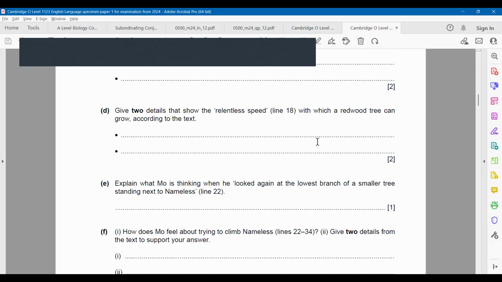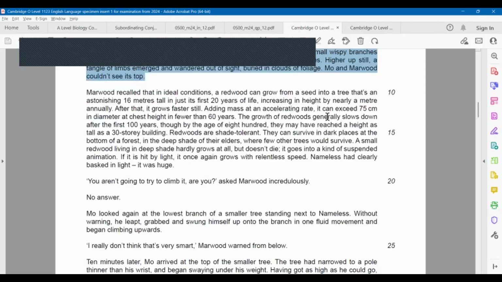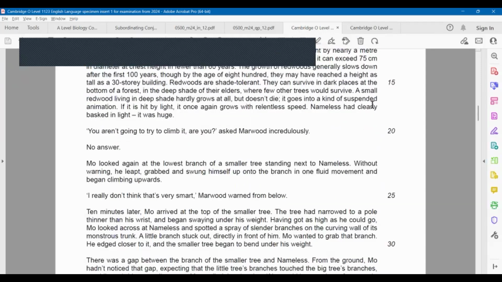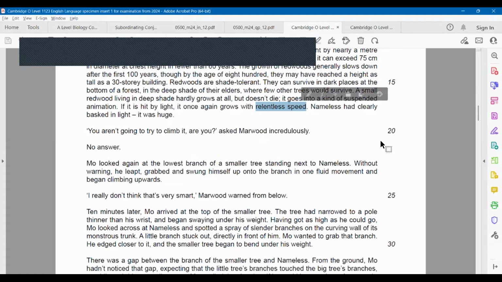Now, if you understand how this works, they're asking for 2 details that show the relentless speed. So you see that they're quoting a phrase from the text, and that's line 18. If you go to the text and take a look at line 18, which is over here, you can see that relentless speed is in line 18. That's not the answer.